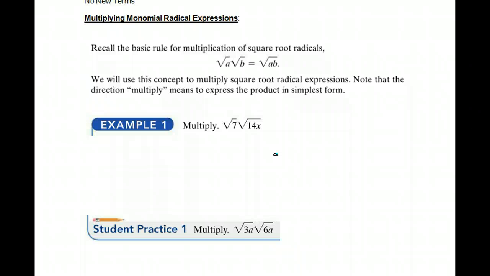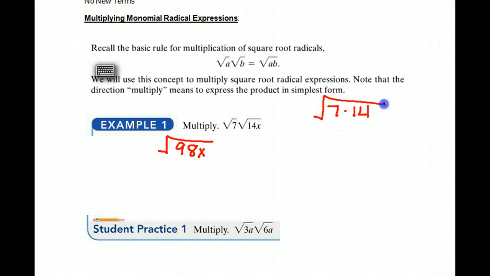So let's go ahead and take care of that. 7 times 14 is going to make the square root of 98 times x. Remember, all we've done so far is do 7 times 14 and combine that all underneath one radical.